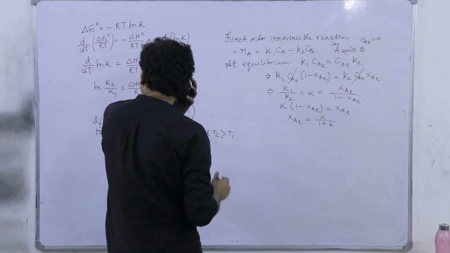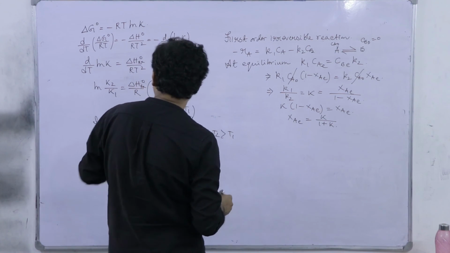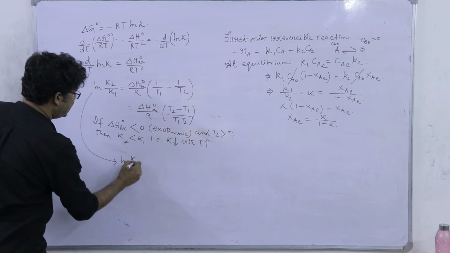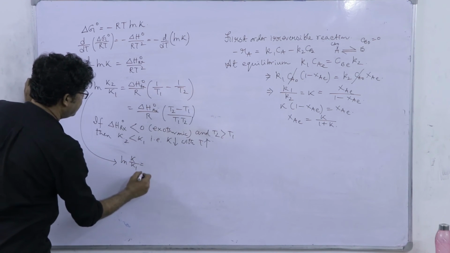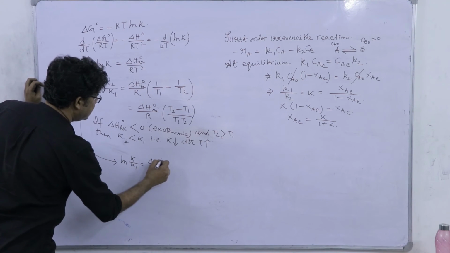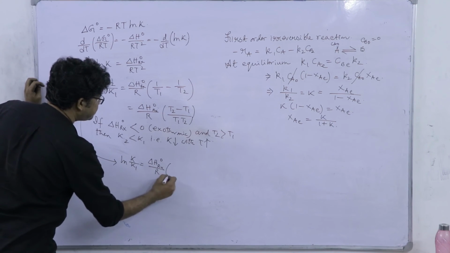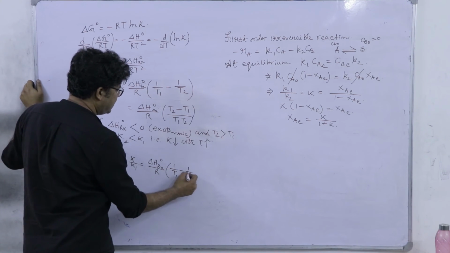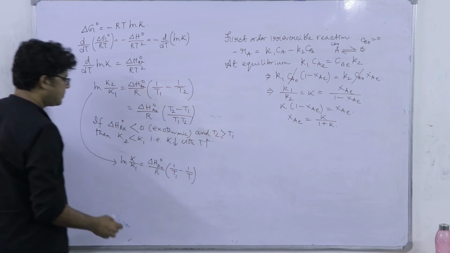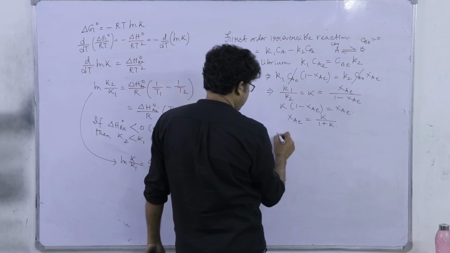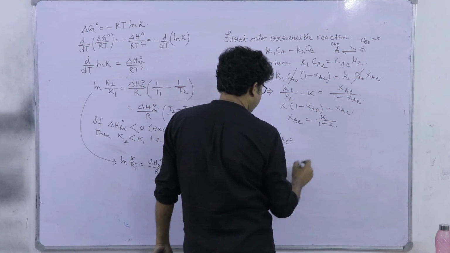And we have this relation that we can further simplify it as ln K divided by K1 is equal to delta H Rx by R of (1 by T1 minus 1 by T). So if I replace here, I will get a nonlinear function.